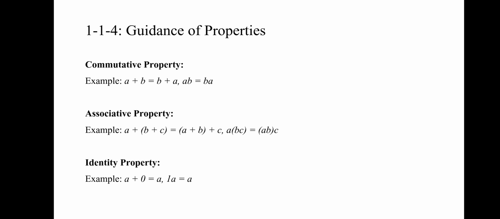Okay, so the properties. This is the commutative property: A plus B equals B plus A, AB equals BA.